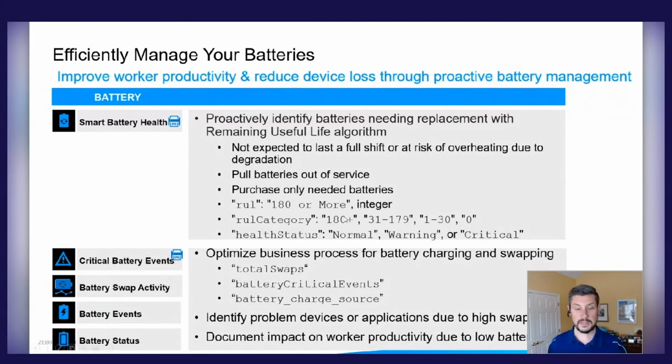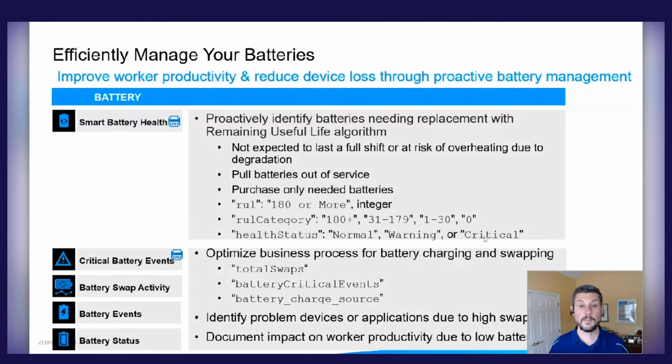We then have some categories, some groupings, and then we identify normal, warning, and critical. Critical is 0 remaining useful life. Warning is the 1 to 30, and normal is 31 or greater. So these are things that by pulling that in, you can start creating a better battery management system.